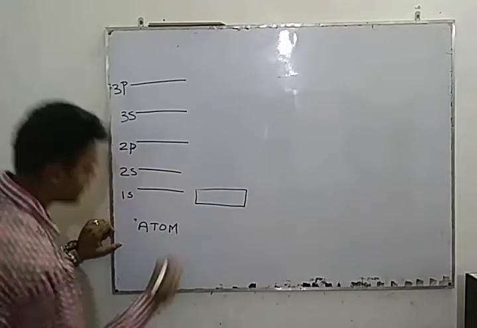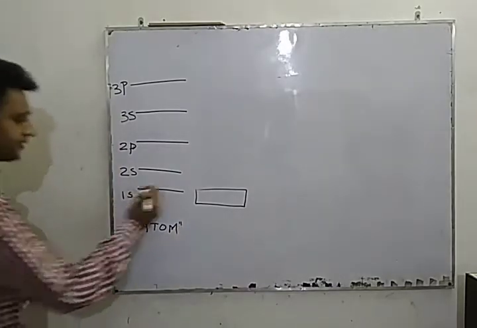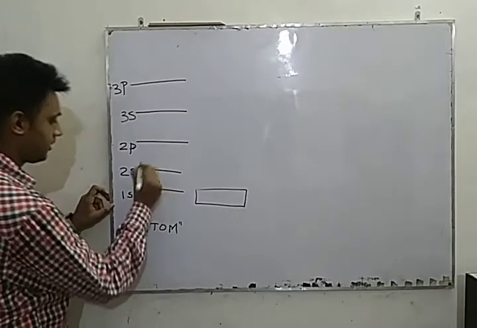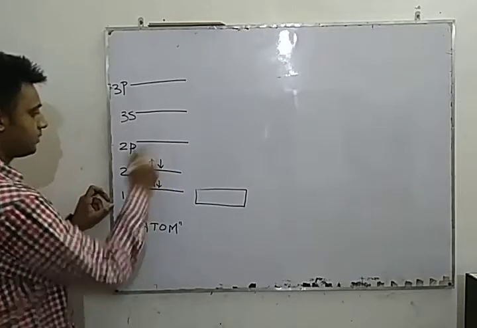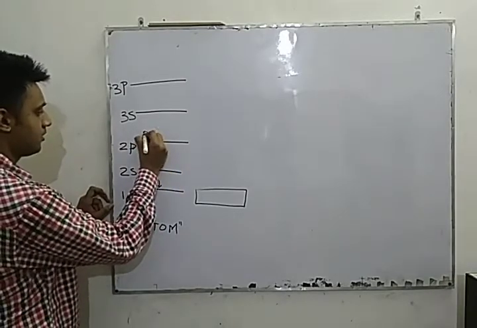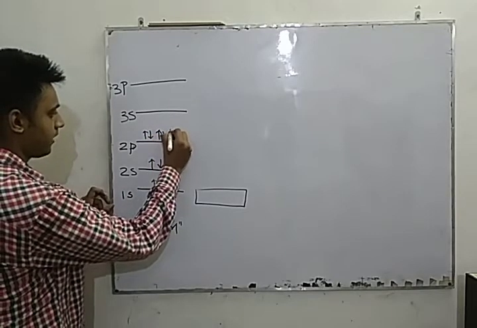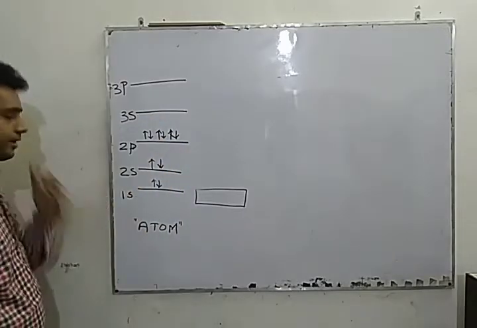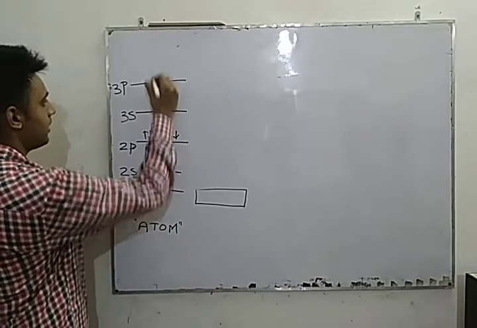As we studied in earlier classes, in 7th or 8th, in 1s there are 2 electrons, in 2s there are 2 electrons, and in 2p there are 6 electrons. As per the Pauli exclusion principle, they are all of opposite spin. Then that is 3s and that's 3p.